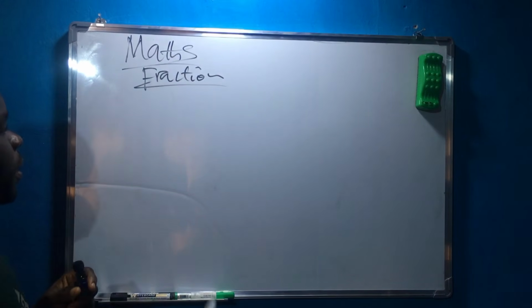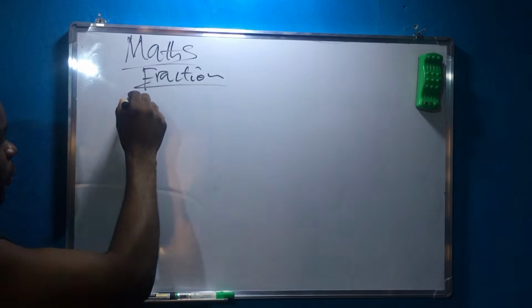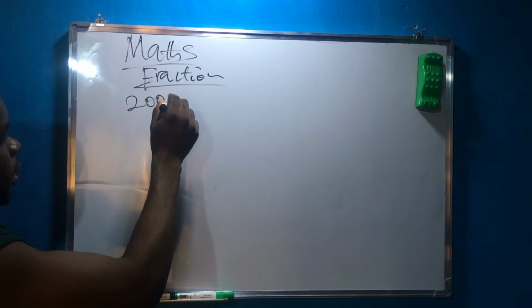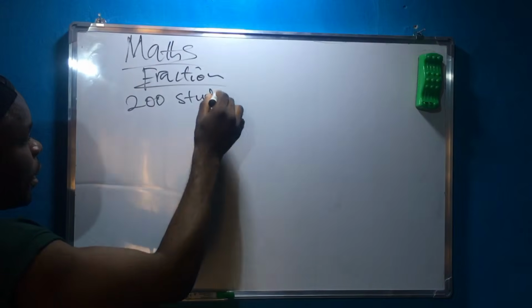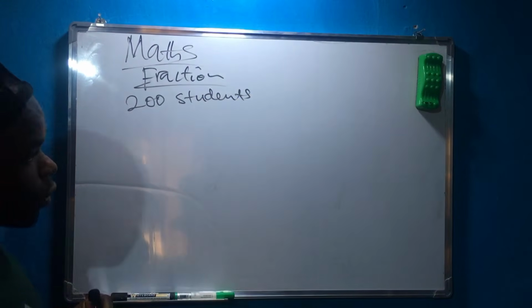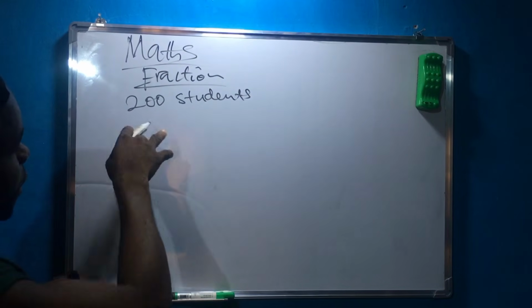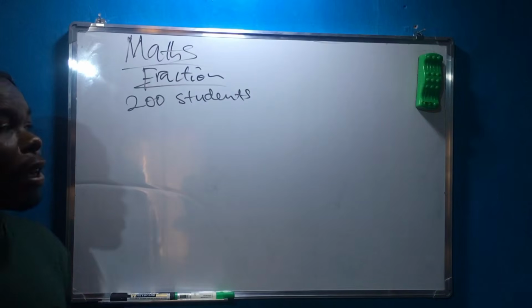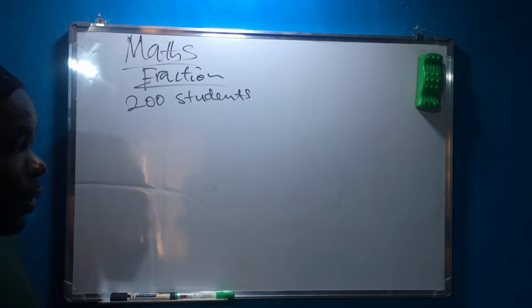Take for instance, when you have about 200 students in a class, and from these 200 students you want to get the number of girls that are present in that class.